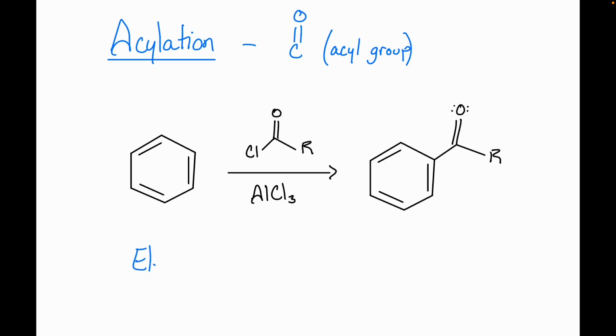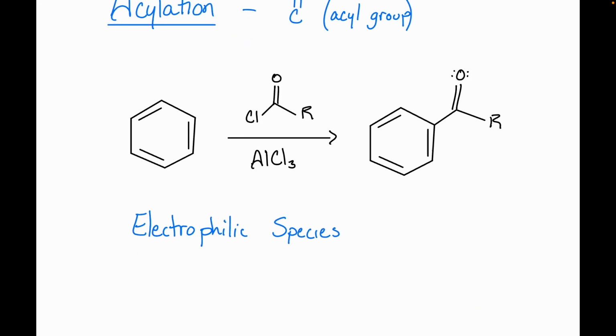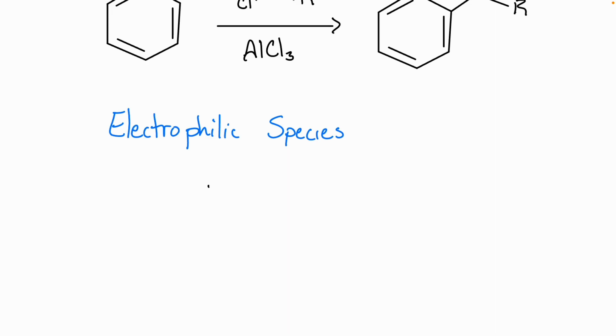Okay. Our electrophilic species, just like before, that catalyst is able to remove that chlorine from that compound, leaving us with a carbocation. But now that carbocation is kind of a special carbocation because it's a carbonyl carbon.